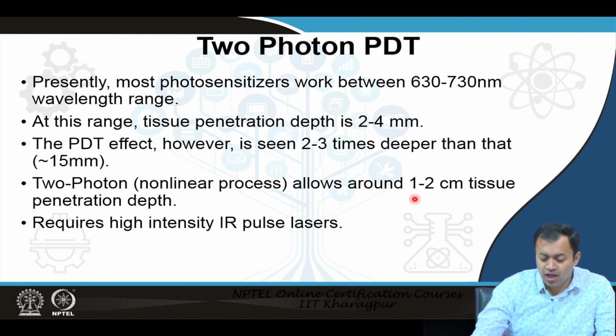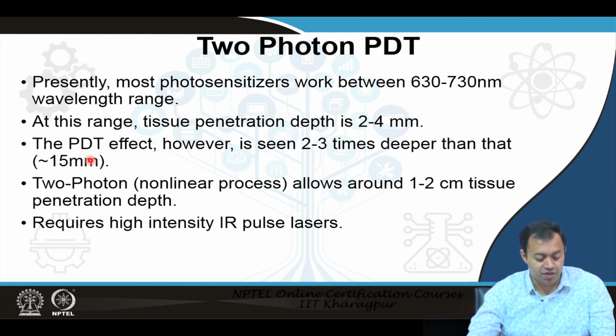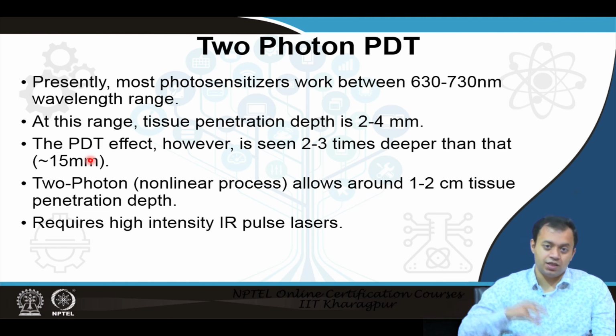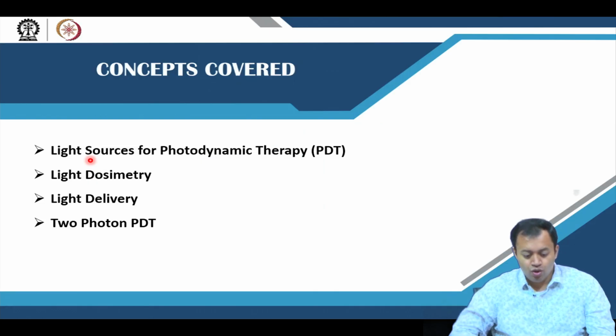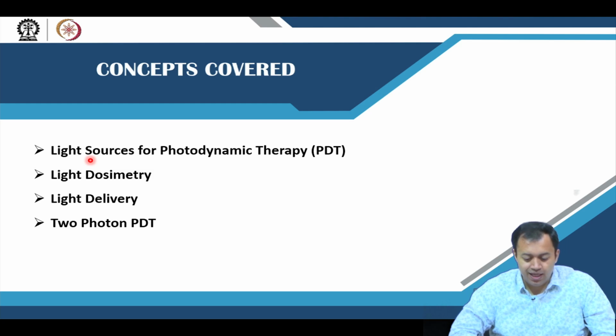So, it will allow hopefully 1 to 2 centimeter as compared to 2 to 4 millimeter or even 15 millimeter penetration depth, and thereby we can target deeply buried, hidden tumors.